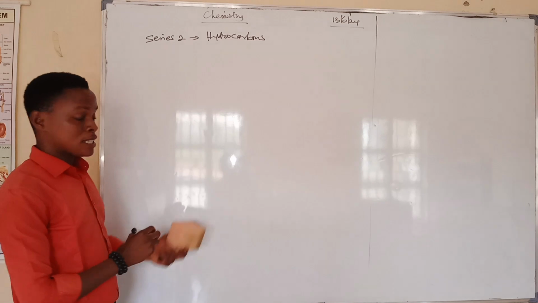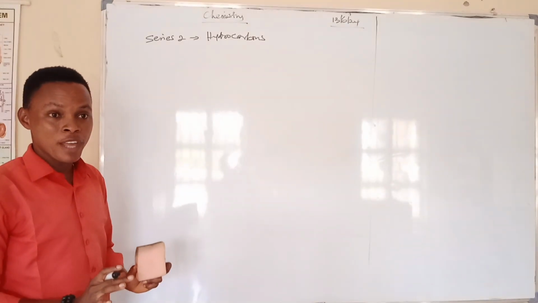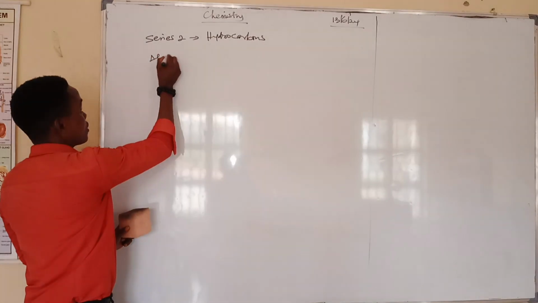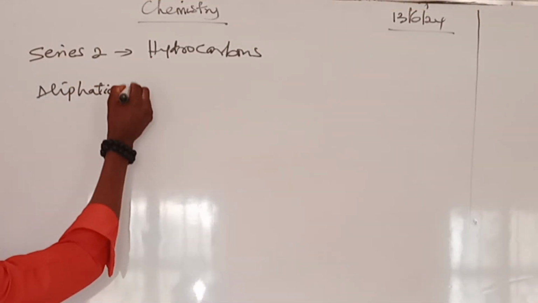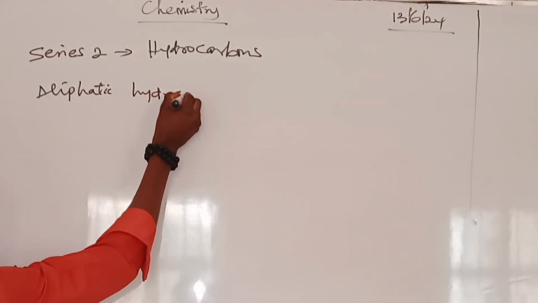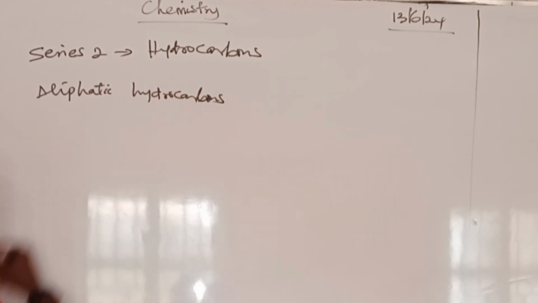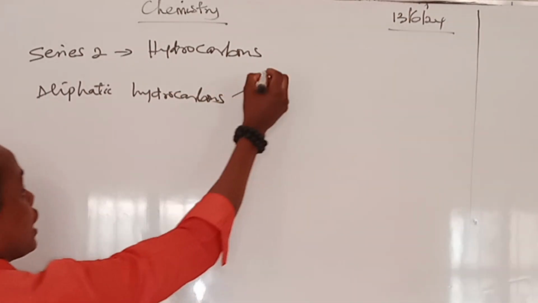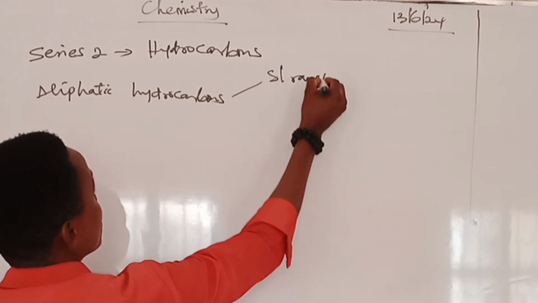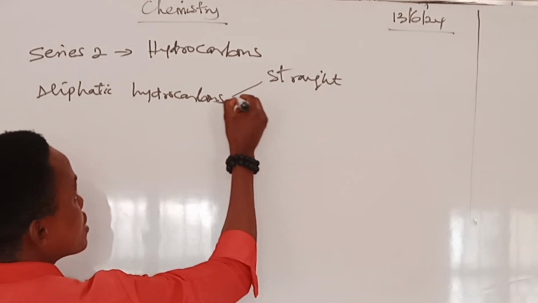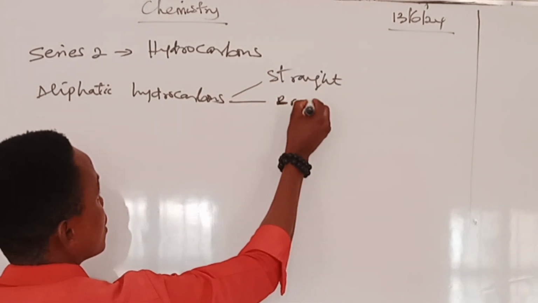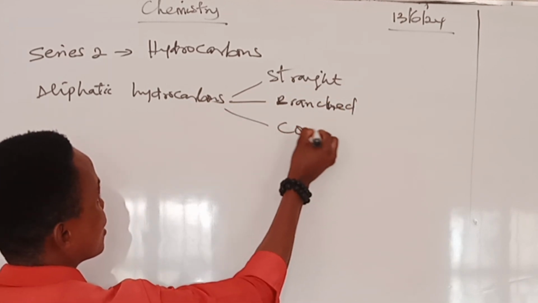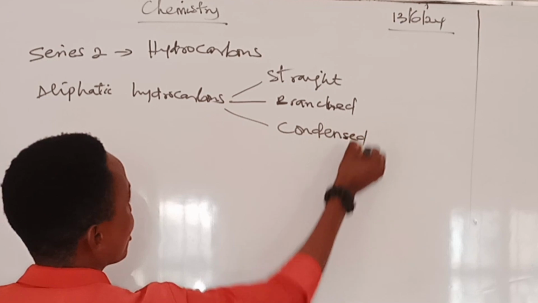Now, under this, you'll be looking at the aliphatic part of the hydrocarbon. Aliphatic hydrocarbons. And under these aliphatic hydrocarbons, we'll be looking at straight, branched, and condensed.